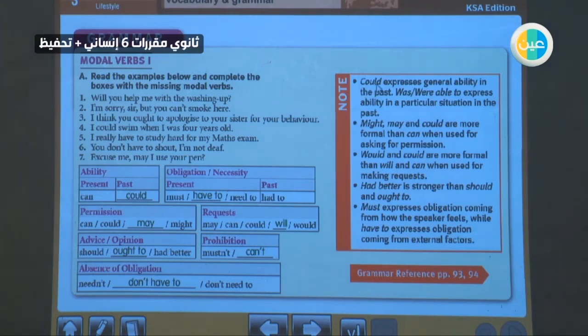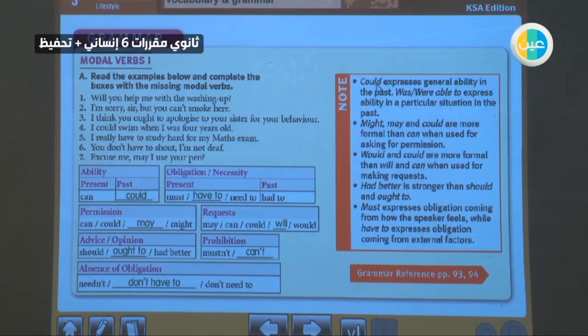You have to keep it in your mind when you do a modal verb exercise, task, activity, or when using them in your social life. Could expresses general ability in the past. Was, were able to expresses ability in a particular situation in the past. So could expresses general ability, but was, were able to expresses a particular situation in the past.